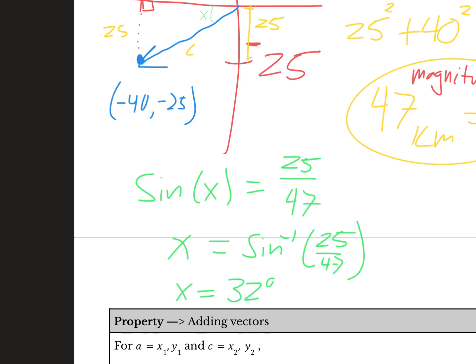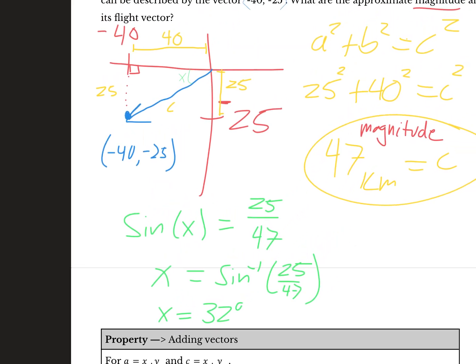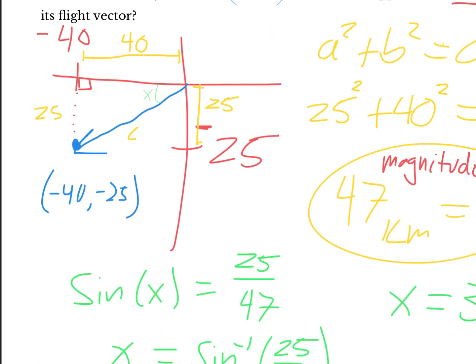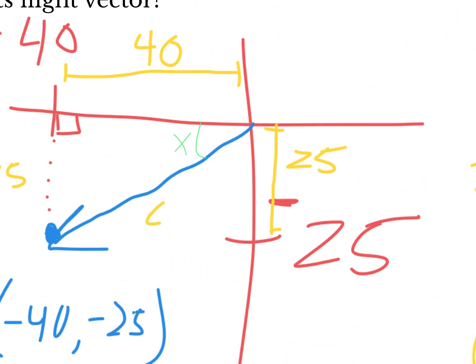Okay, but that's not quite our answer because we still need to describe this vector directionally. It's 32 degrees, but specifically in this fourth quadrant, and we measured from the x-axis to the vector. So I can say that x, the angle, is 32 degrees, and if I pay attention, we measured from the x-axis to the vector.